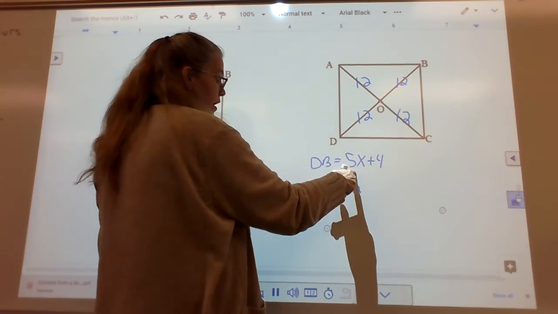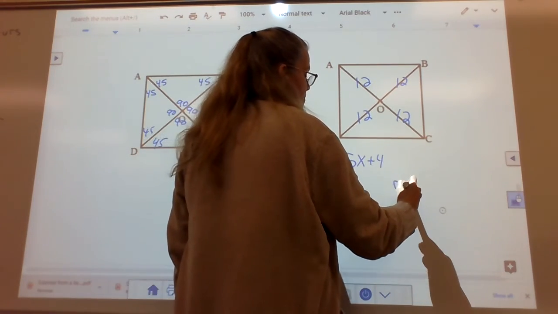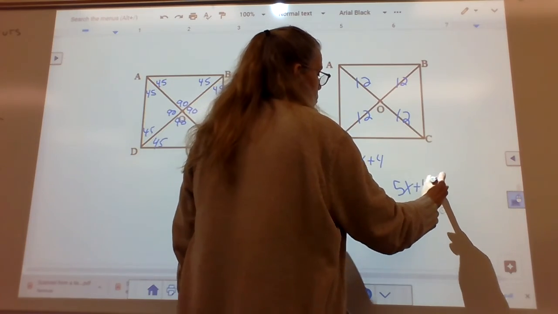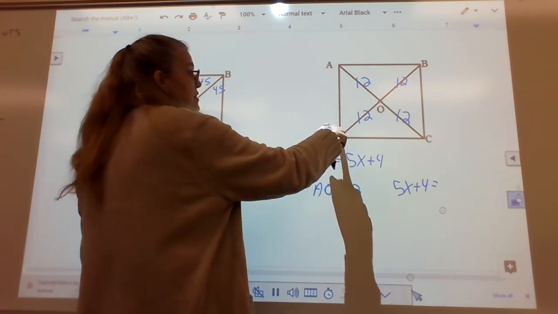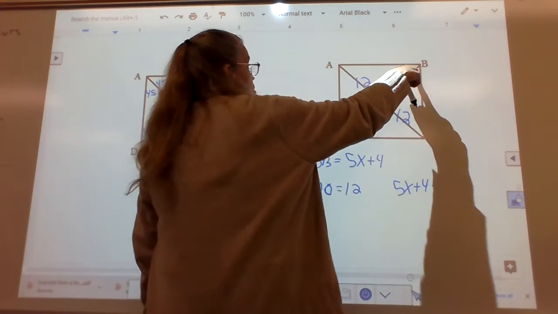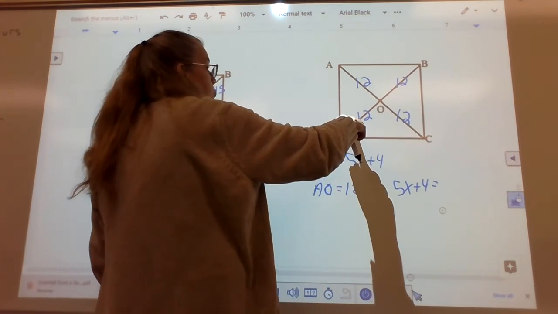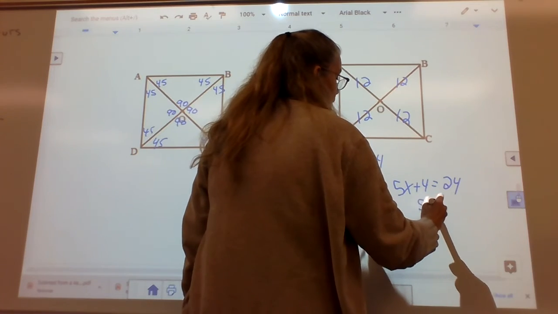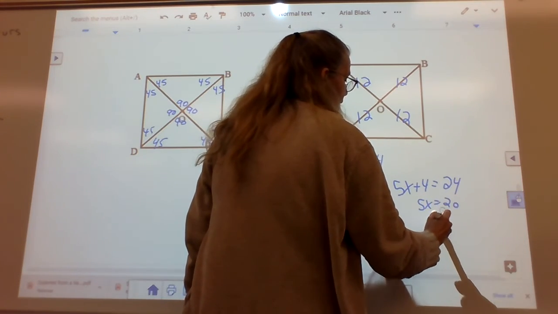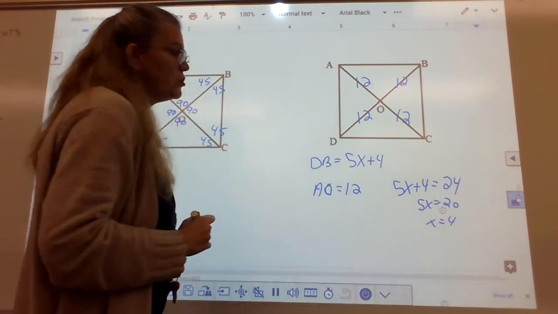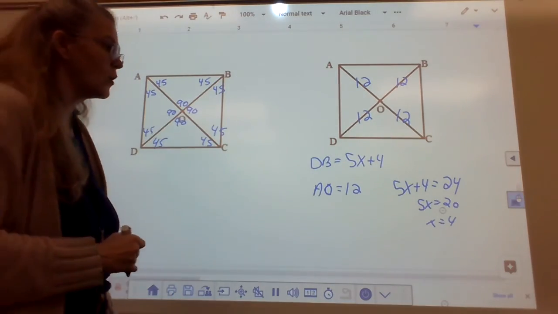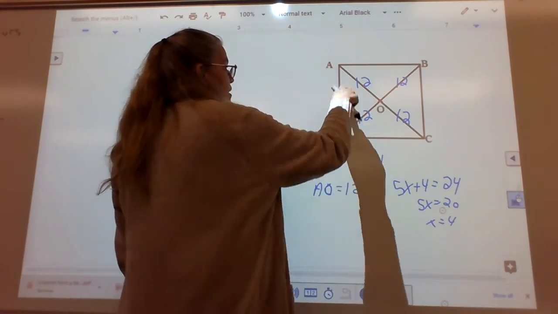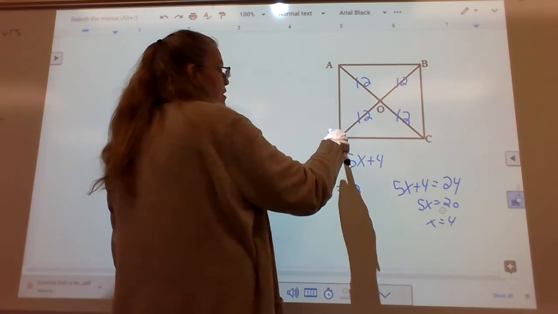But I'm trying to solve for x. So I can say 5x plus 4 equals, don't put 12, because DB is corner to corner. So 12 plus 12 is 24. So 5x equals 20, x equals 4. So you just have to make sure not to set it equal to 12, because 12 is corner to middle, DB is corner to corner.